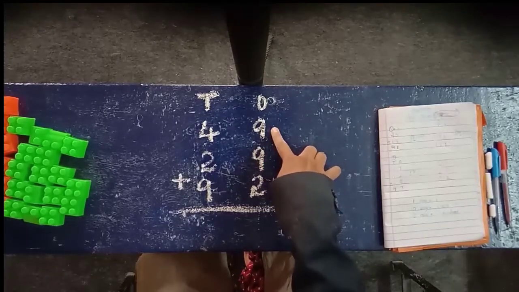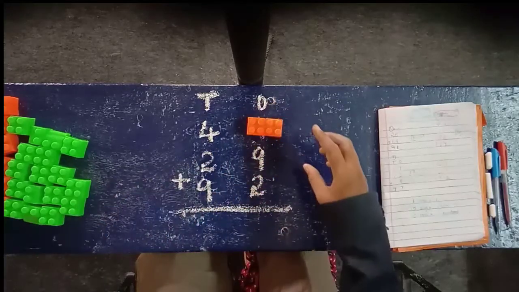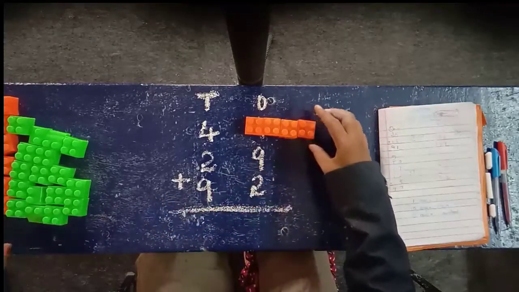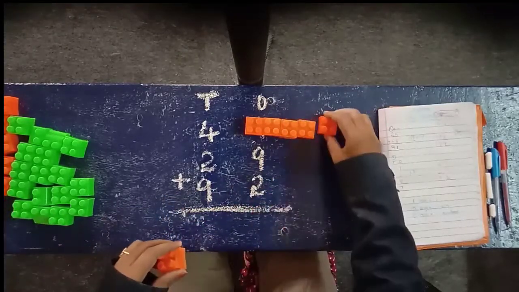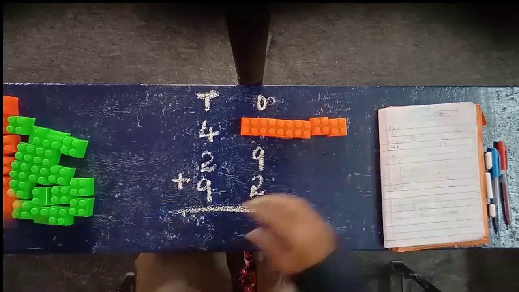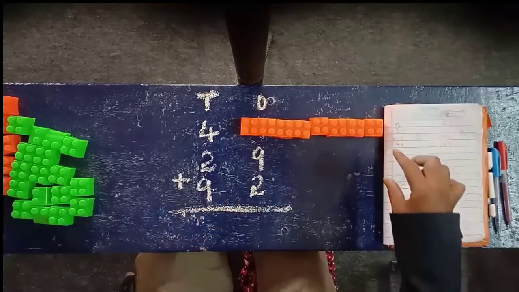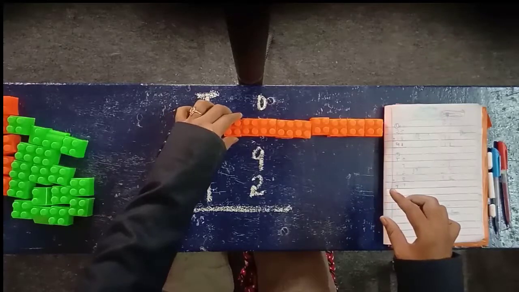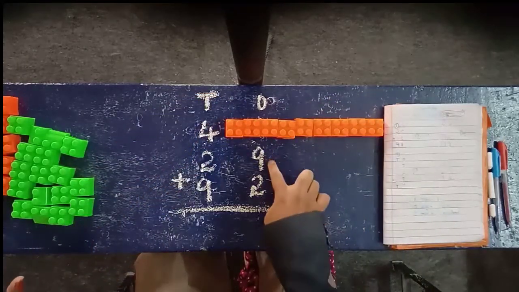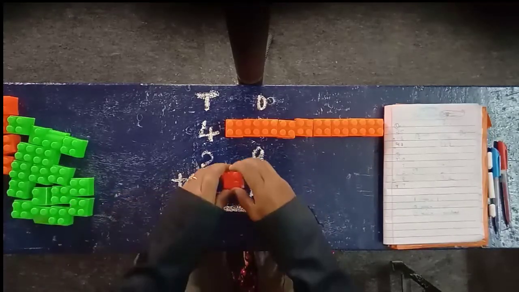Let me arrange the 9 blocks here, orange ones. 1, 2, 3, 4, 5, 6, 7, 8, and 9. I arranged 9 blocks in the ones place for the first number, and the second number also has 9 in the ones place.